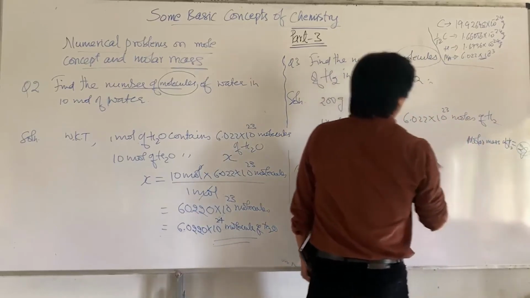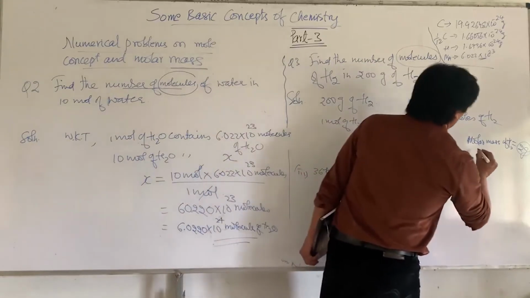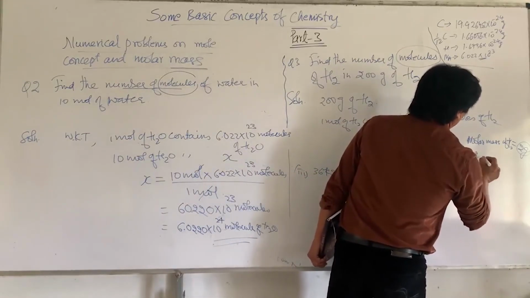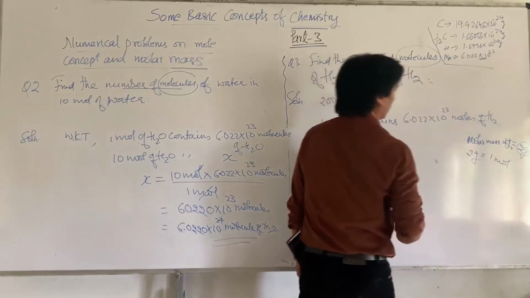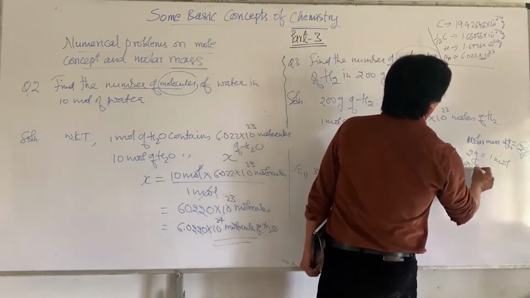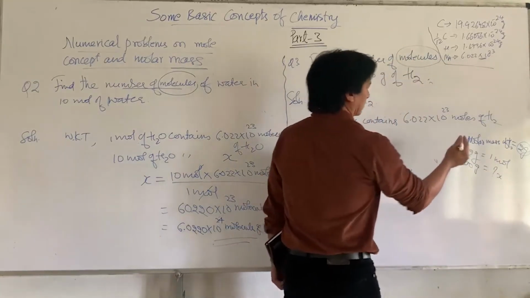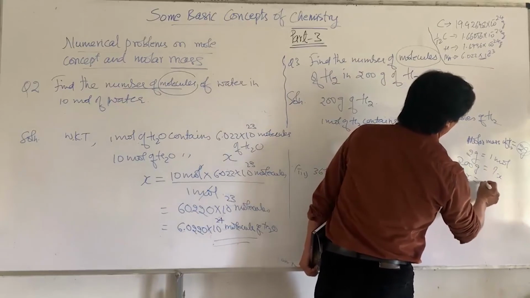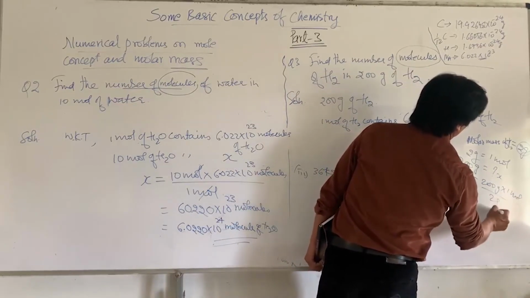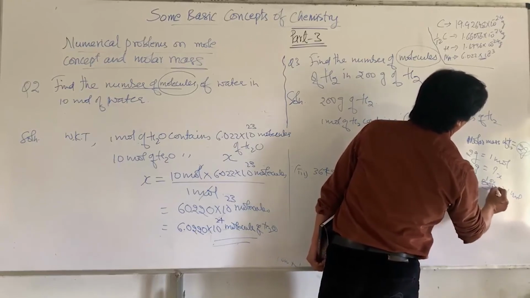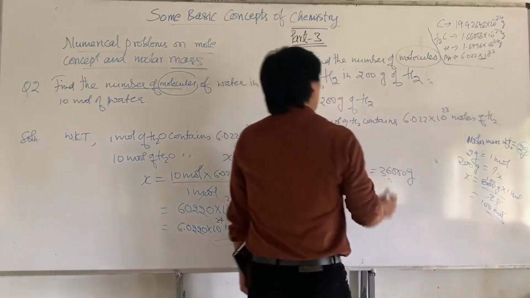So 2 grams is 1 mole. Now when you have 200 grams, this is equal to how many moles? So you take it as X, it's actually very simple. You just cross multiply, your X is equal to 200 grams into 1 mole divided by 2 grams here. So it is 100 moles. You're going to get 100 moles. Now this is one way of doing it.